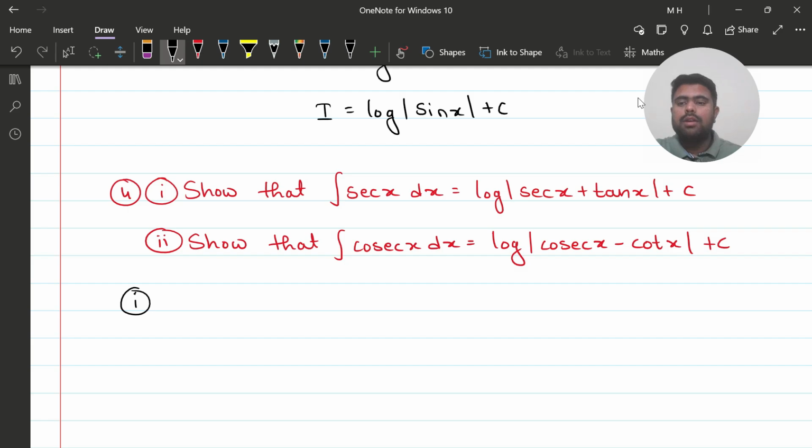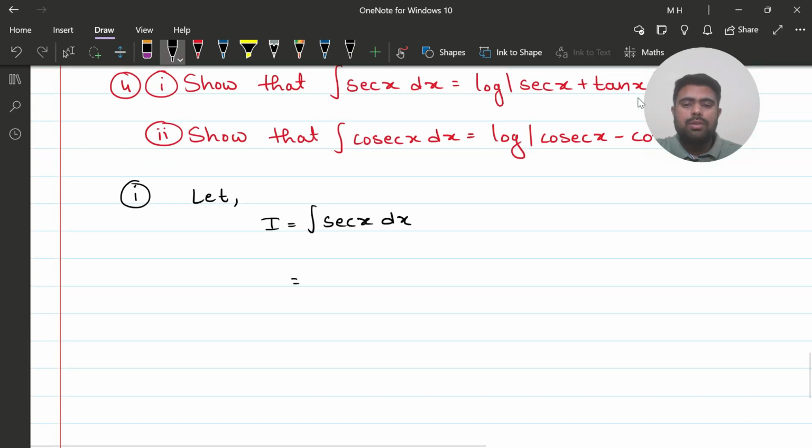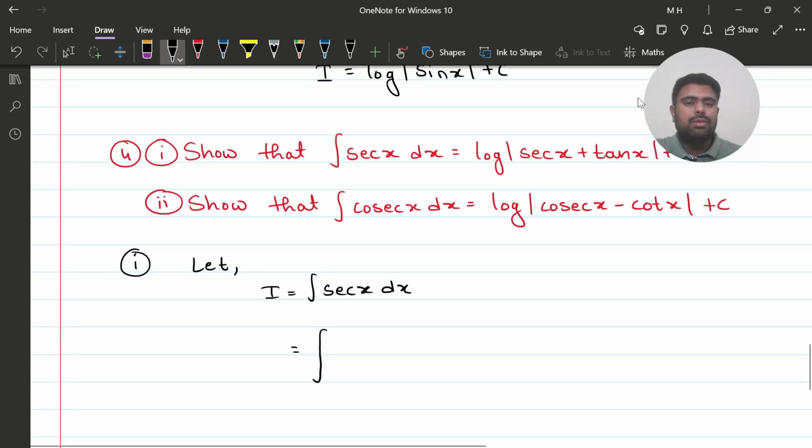Yes, we can try. So what I will do is let I be equal to the integral of sec x dx. What do I need in the denominator? I need sec x plus tan x, because it is log of something, right? So to get sec x plus tan x in the denominator, I will write sec x divided by sec x plus tan x.